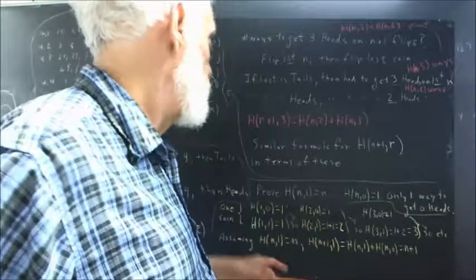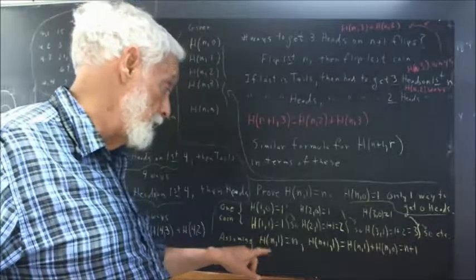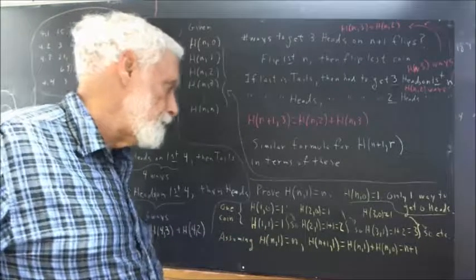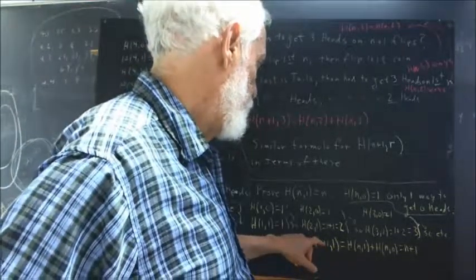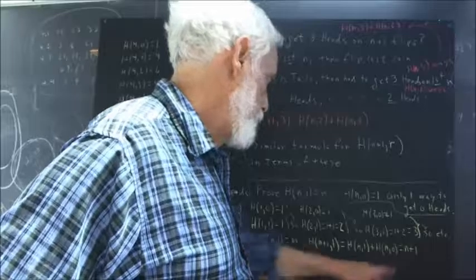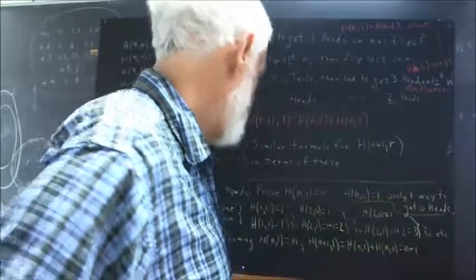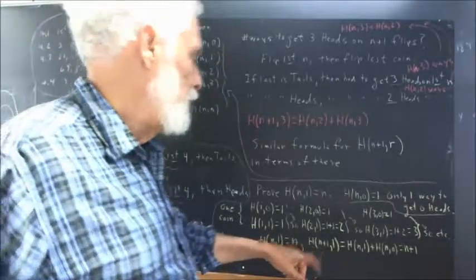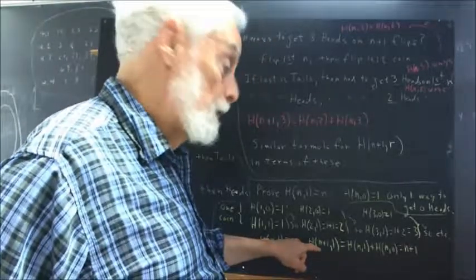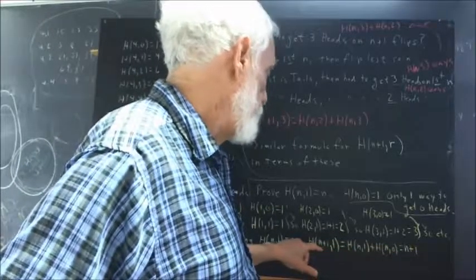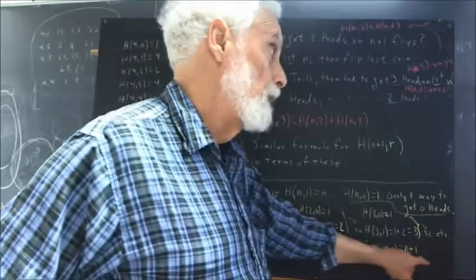Now, since it's true when n equals 2, we come back here, well, let n equal 2. Then we know that h of n plus 1,1, which is h of 3,1, is n plus 1. Well, that's 2 plus 1, that's 3. So now, h of 3 plus 1,1 is 3 plus 1.